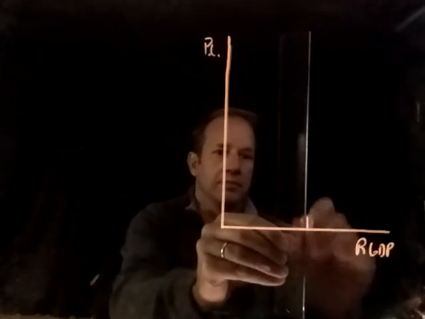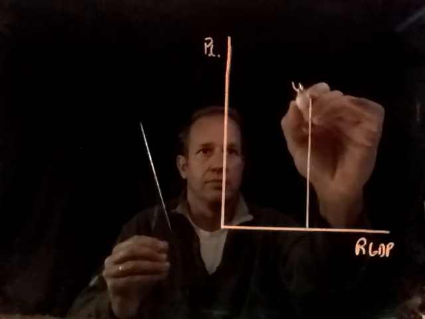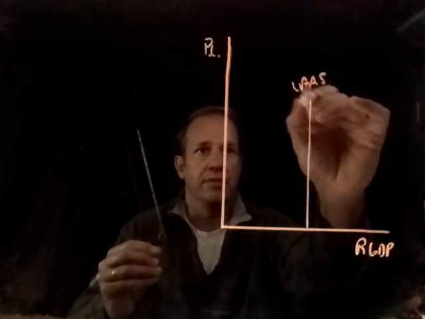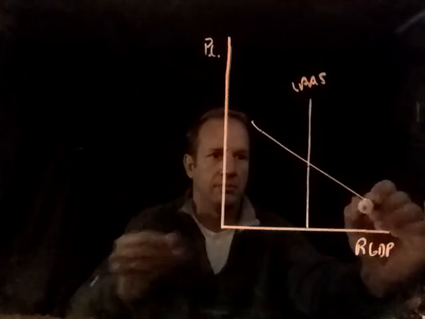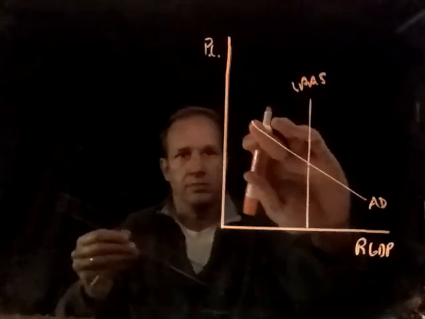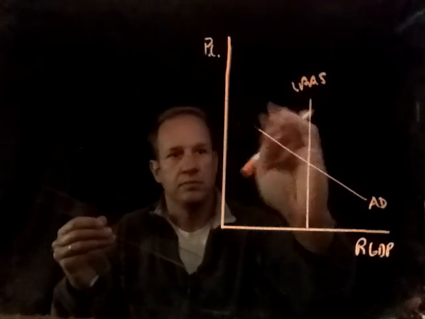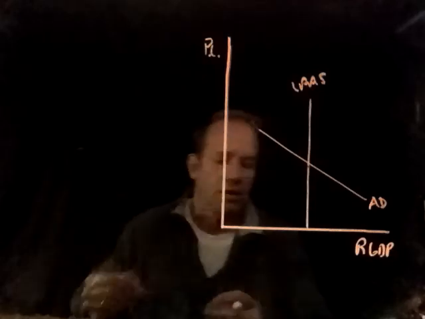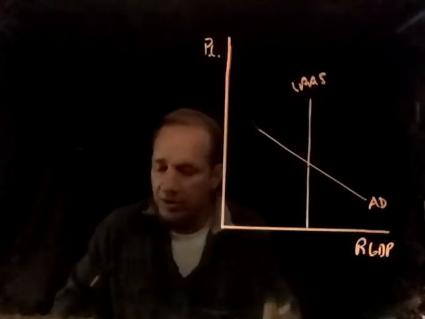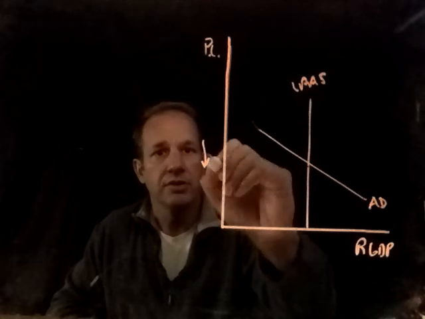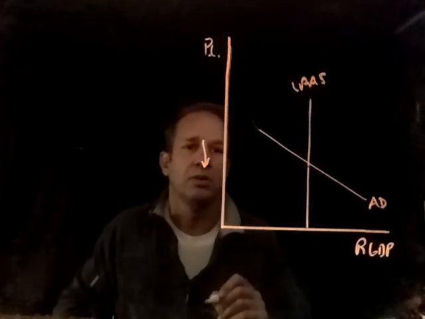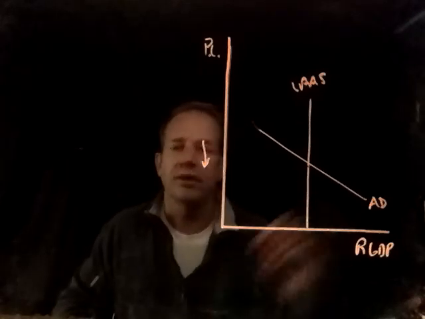There's our framework. Long-run aggregate supply, and then aggregate demand. There we go. We have observed a price level decrease without aggregate demand changing.